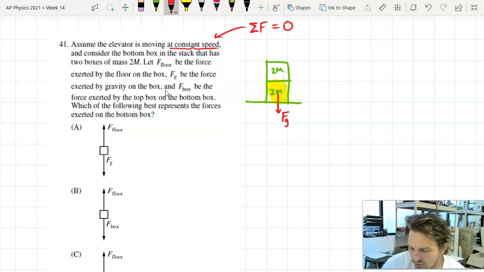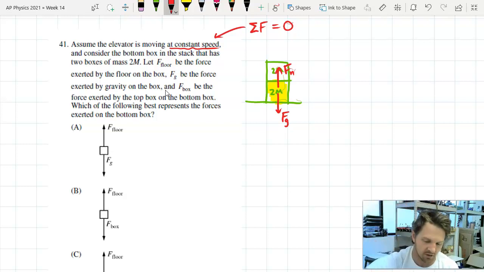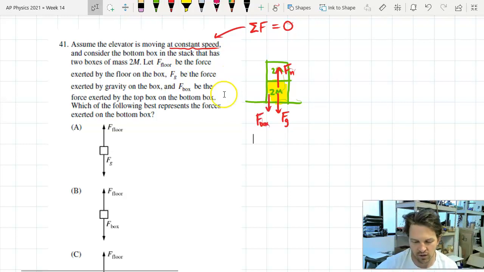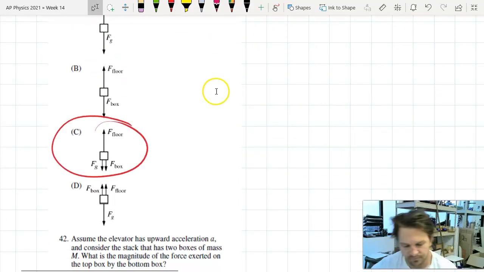You have the floor pushing up on the box with a normal force. And then the Newton's third law example that we just had in the previous question, that top box is pushing down on the bottom box. And so we would have 2 forces going down and 1 force going up.